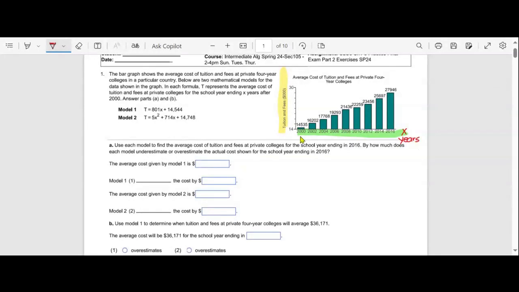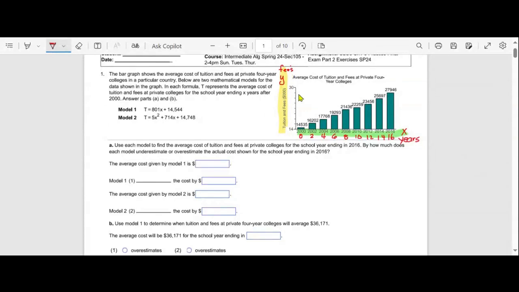We start with year 2000, and then go 2, 4, 6, 8, 10, 12, 14, and 16. Now, who can tell me what the y-axis represents? The fees. Fees, very good.